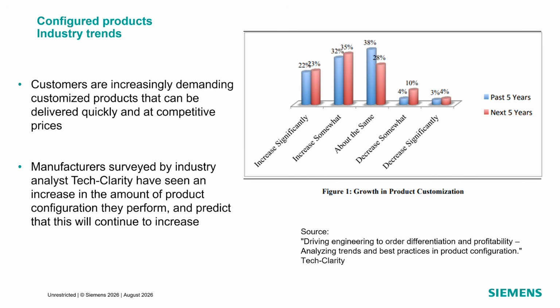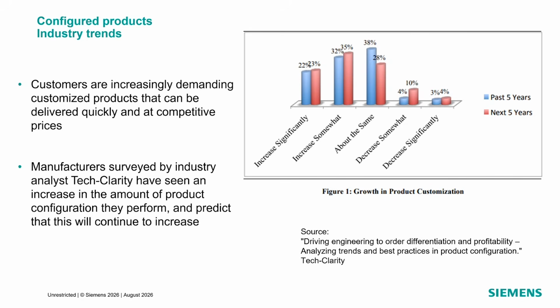Customers increasingly expect products tailored to their requirements without accepting long lead times or premium costs. We'll see this in our everyday life. For example, when you go and pick out a phone, you can customize so many different things. But again, you don't want your cost to go up tremendously, right, with those customizations.